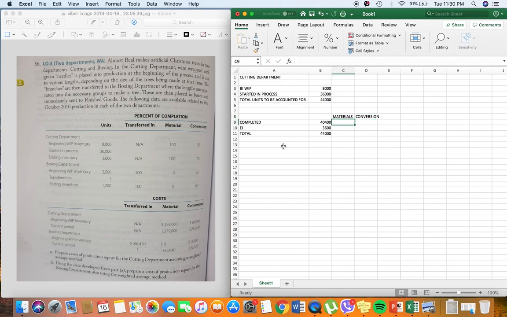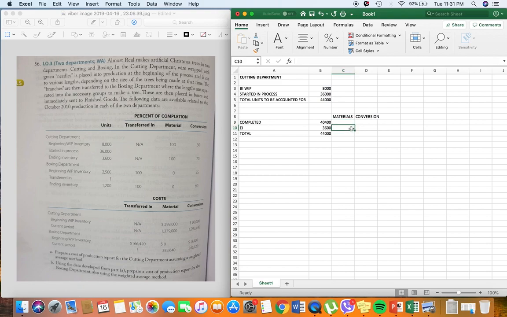Okay? Materials and conversion. So, earlier when we read the problem, it says the raw materials, which is the wire wrapped with green needles, are placed into production at the beginning of the process. So all the materials in the cutting department are added at the start of the process.